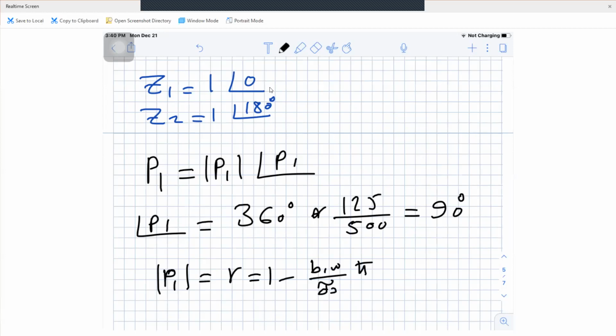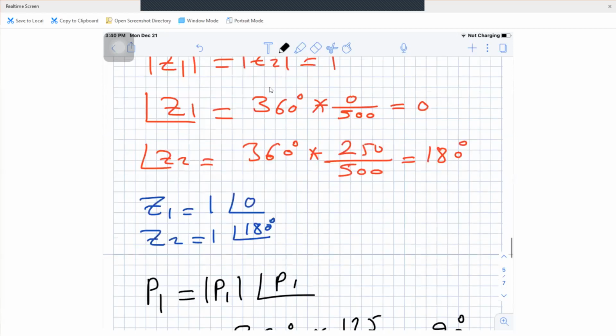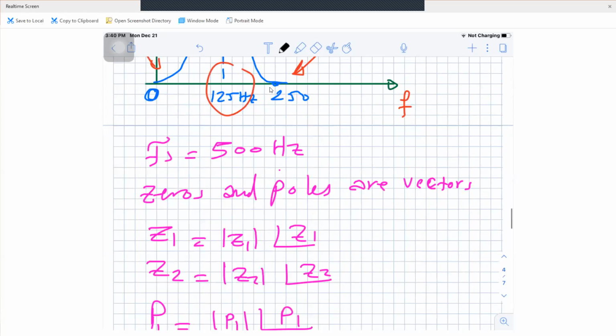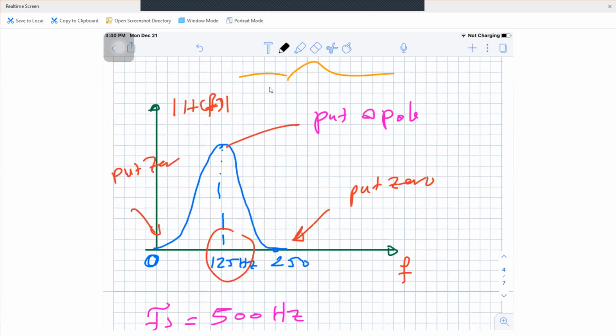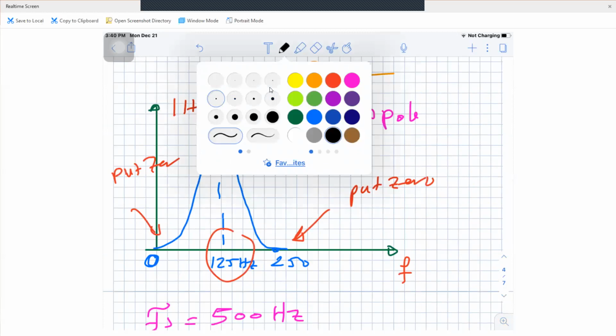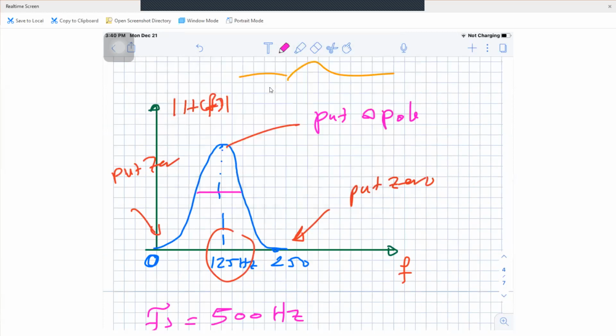In the example, we said that the bandwidth of the filter is 10 hertz. Let us select the bandwidth on the diagram. This is the bandwidth, and it is a very narrow bandwidth of 10 hertz.